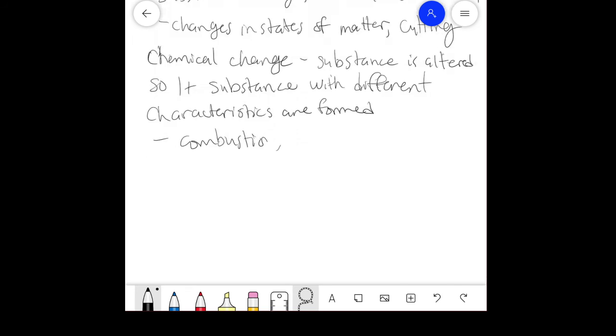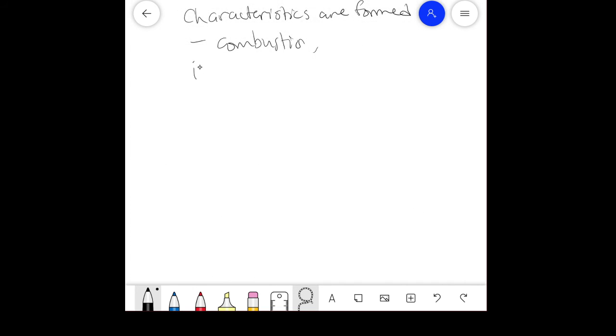So, indicators of a chemical change would be formation of a gas, color change. You don't want that to be your sole reason for calling it a chemical change, but that is one.